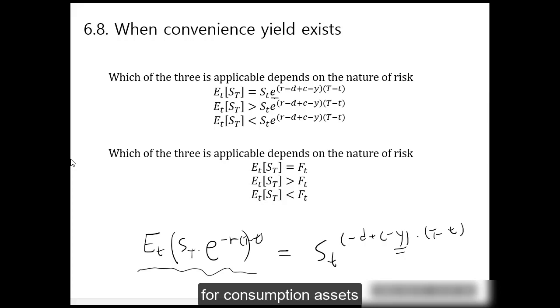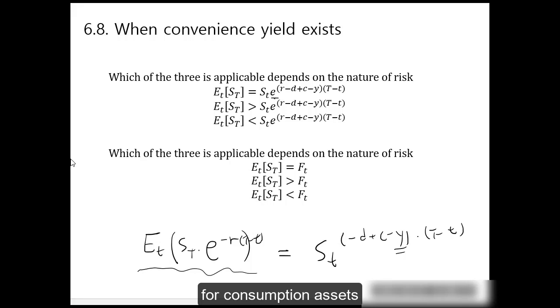So for example, crude oil price. Now, crude oil is definitely a consumption asset, and therefore we cannot ignore the convenience yield. When you think about crude oil, you have to think about convenience yield. So what this equation suggests is that if you know the convenience yield, then you can more or less relate the current crude oil price to future crude oil price. If you don't know the convenience yield, then this will not help you too much.